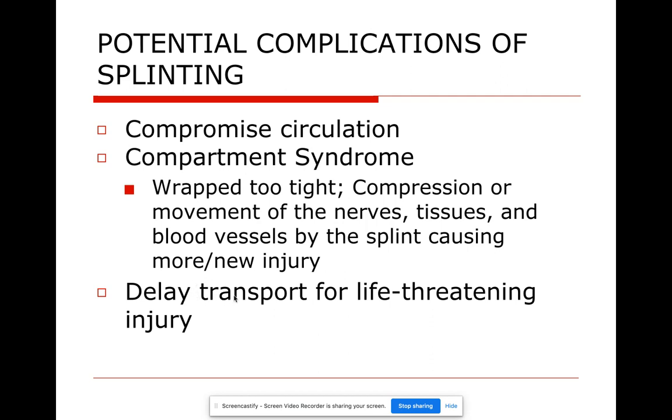And also delay of transport for life-threatening injuries. Let's say you're splinting someone very, very slowly, and the ambulance is already there, it's just delaying the time that they could get to the ER. So this is something that you would need to practice if you were ever going to go into EMT, paramedic, athletic training. That way you're doing this in an efficient and timely manner.